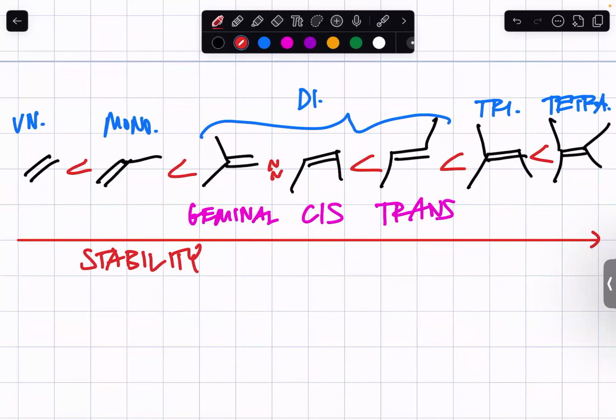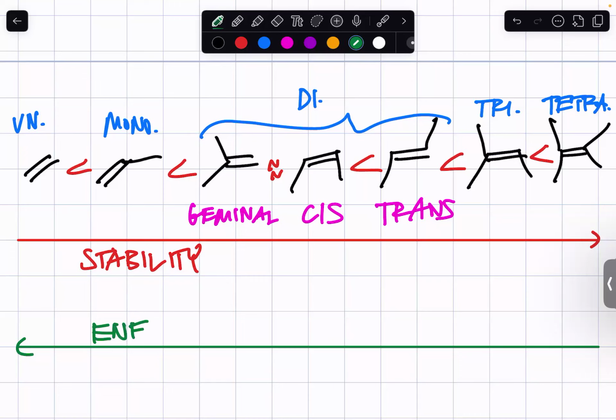Now, when you think of stability, the thing that will be inversely related to that is going to be energy. And the form of energy that you're most likely to see is heat of hydrogenation.